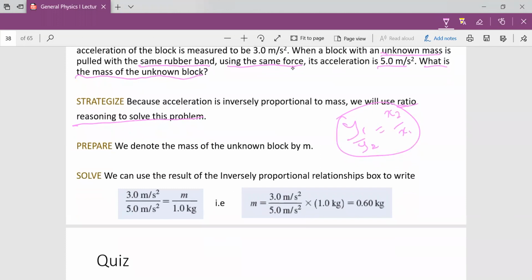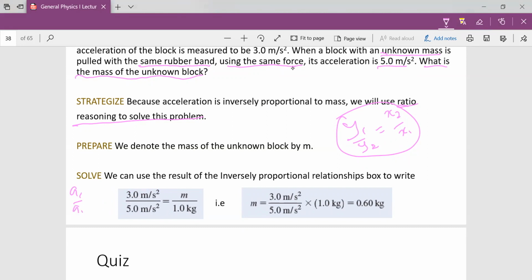Okay, so acceleration and mass. A1 over A2 is equal to M2 over M1. That's what we applied here. Okay, let me write it in a clearer way.